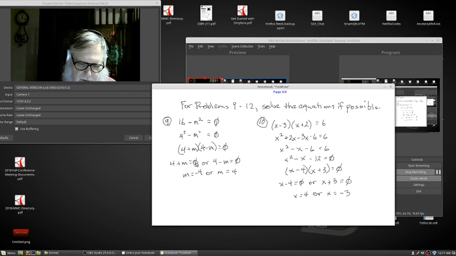Get the constant terms over to the other side here. We get that m is equal to negative 4 from the first equation, or m is equal to positive 4 from the second equation. And that's our answer: m is equal to negative 4, or m is equal to 4.